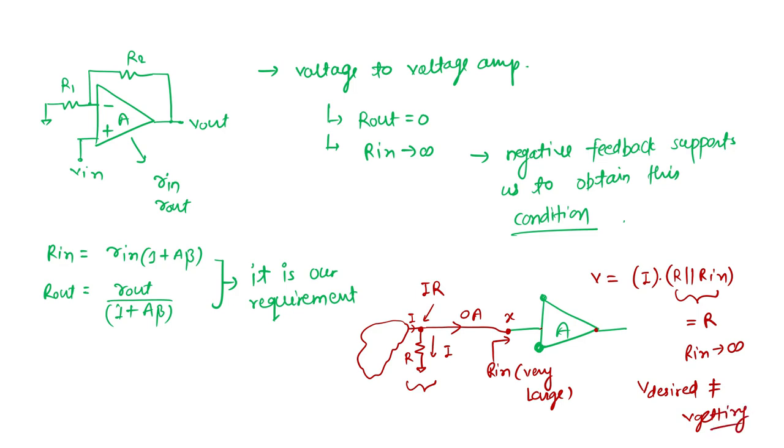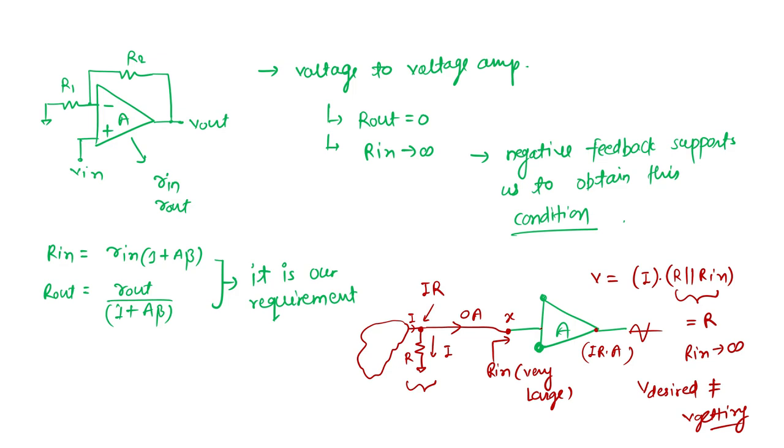The aim of capturing the voltage of the particular node, IR, is not met, because I want to amplify this IR only. So the input impedance of this amplifier should be infinite, so that it is not loading the previous circuits or whatever is present there.